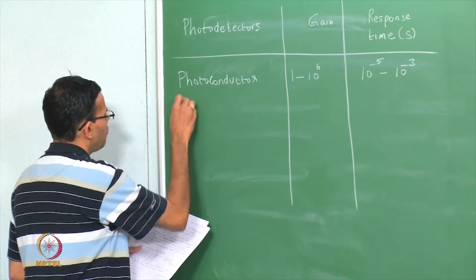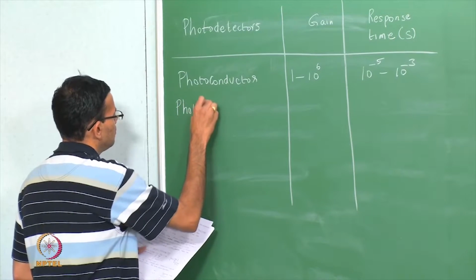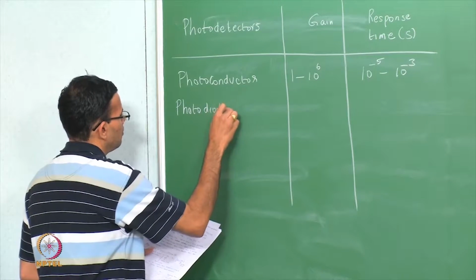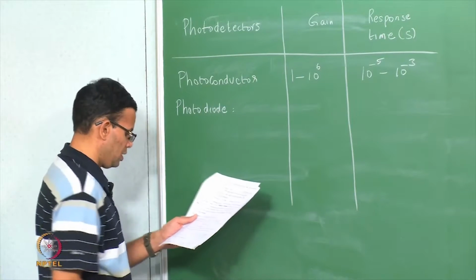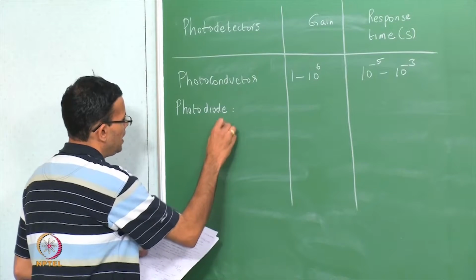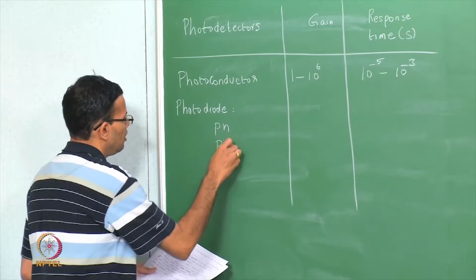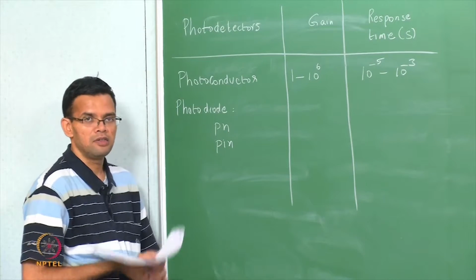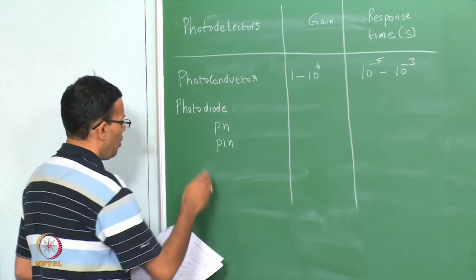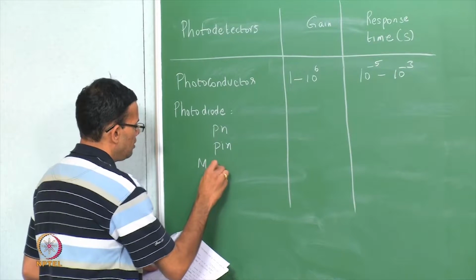You could also have photodiodes. These could be a simple p-n junction, a p-i-n, which stands for a p, an intrinsic and an n, or a metal semiconductor.